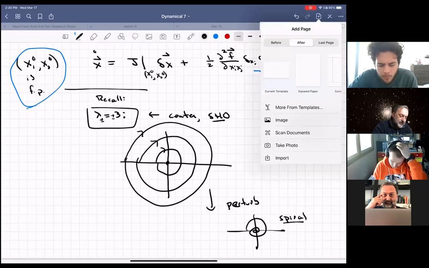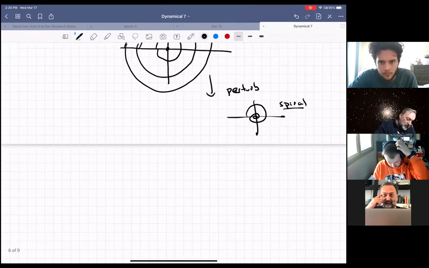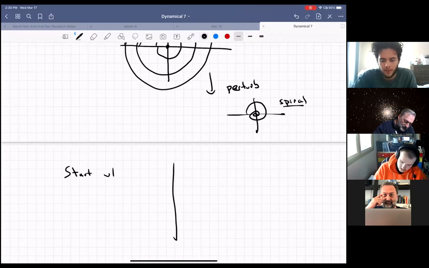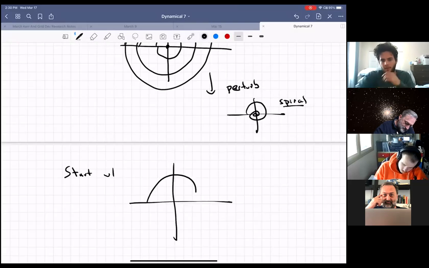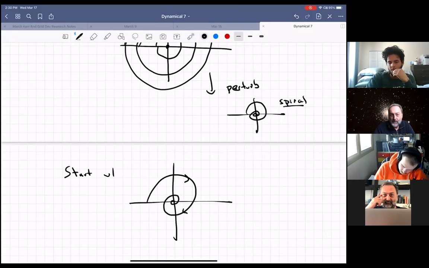On the other hand, if you start with a spiral, and then you perturb it, and you start at the same spot, what you end up with is a slightly different spiral.